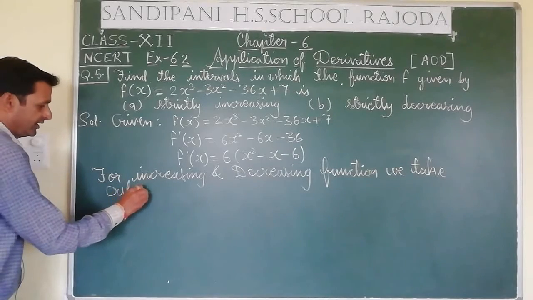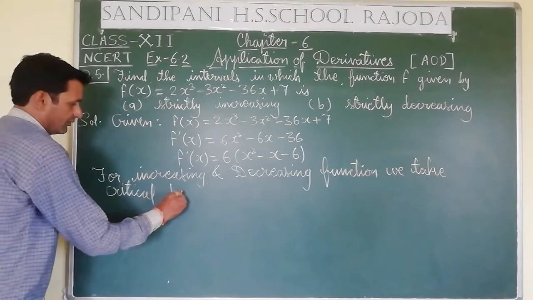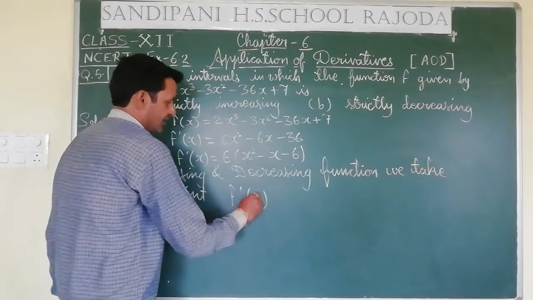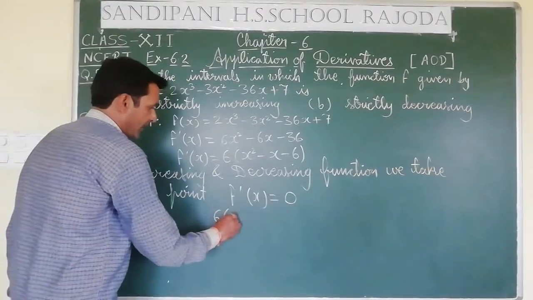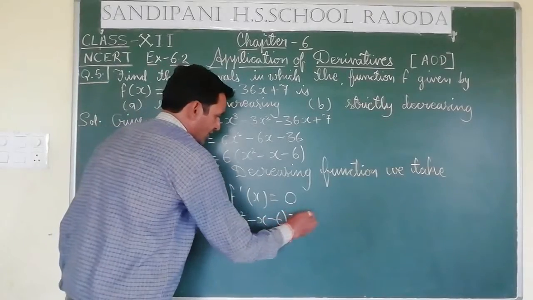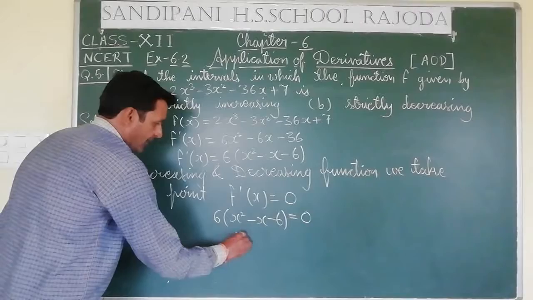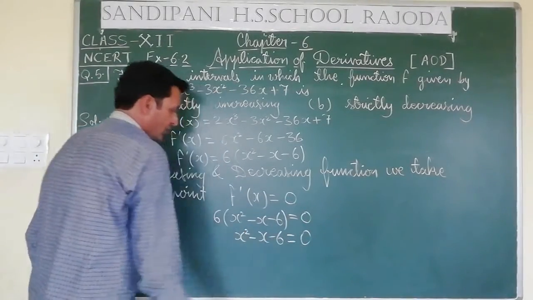What is the critical point? f dash x is equal to 0. f dash x is equal to 0 we are taking. So 6 into x square minus x minus 6 is equal to 0, or 6 will go to the denominator. So it will become x square minus x minus 6 is equal to 0.